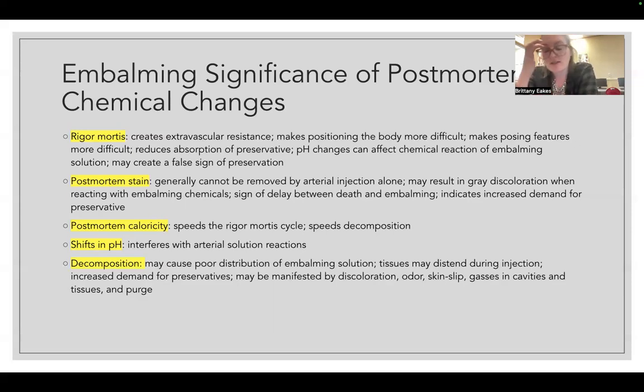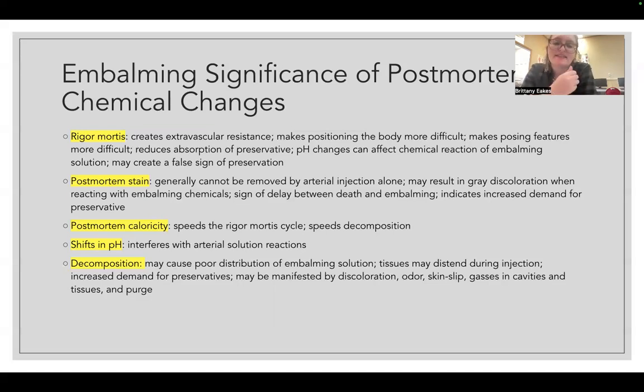Remember jaundice. Jaundice is a yellow discoloration, but in a highly acidic environment, it could convert to a green discoloration. On the other hand, rigor can create a false sign of preservation because the body feels firm, but it's actually due to rigor mortis and not the embalming chemicals.